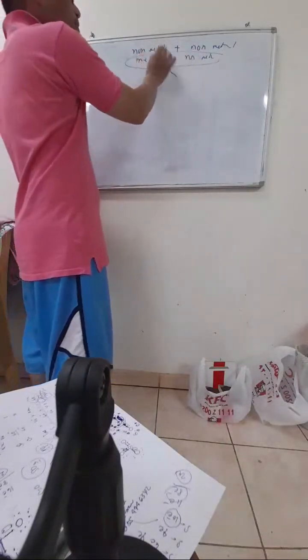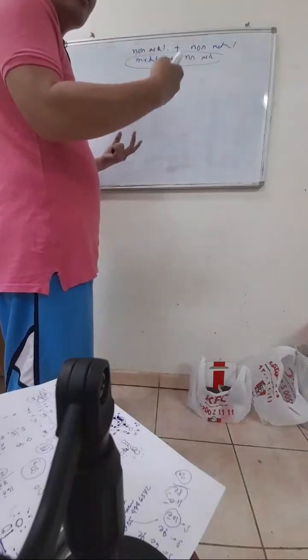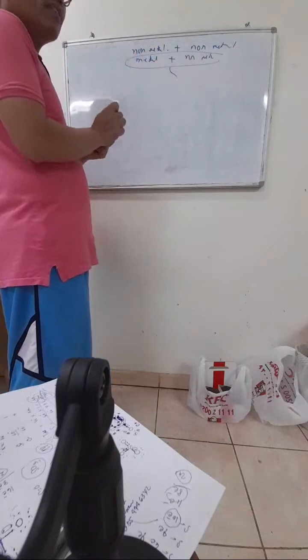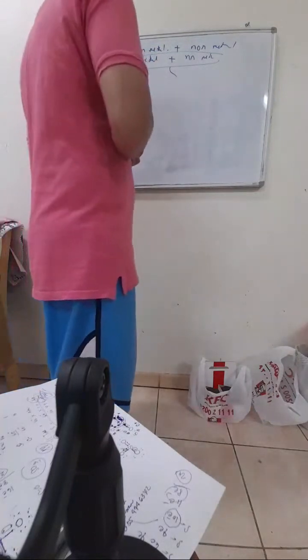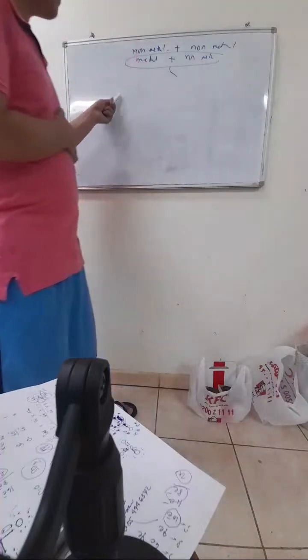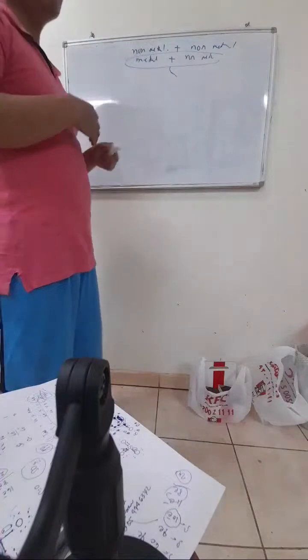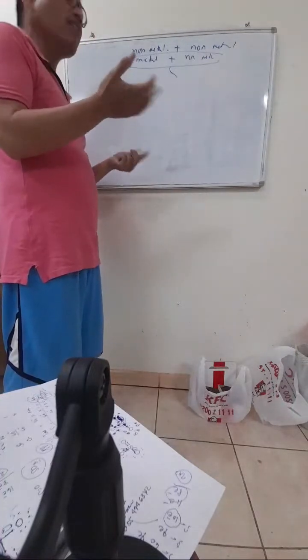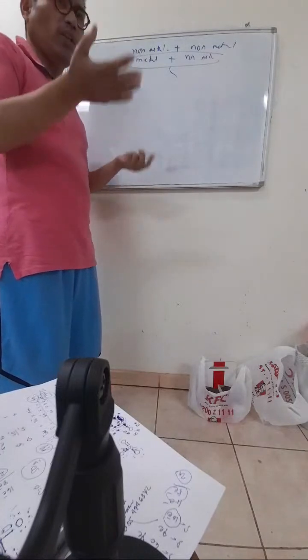But in non-metal plus non-metal, not necessarily, because they are the same charge. All are positive. You get the point? Non-metal plus non-metal is what you call molecular. Metal plus non-metal is what you call ionic.